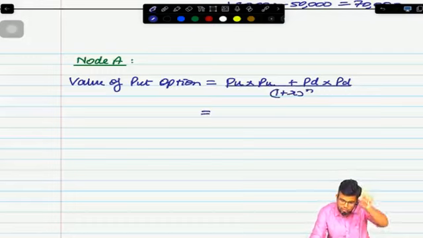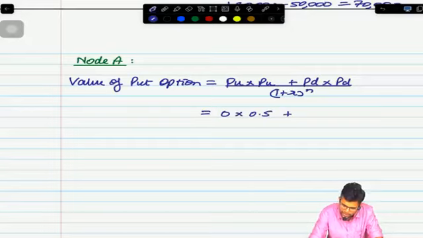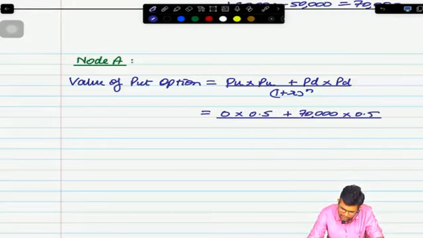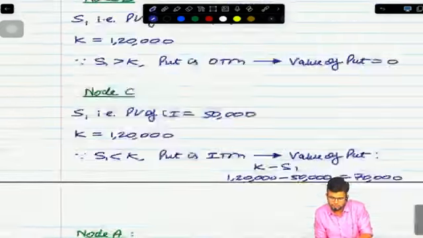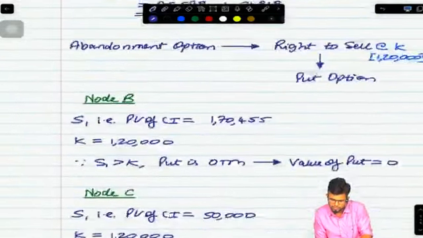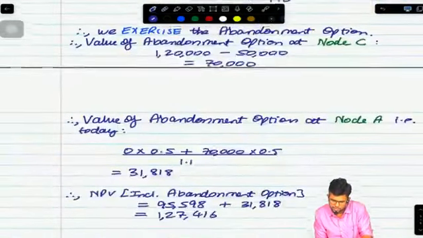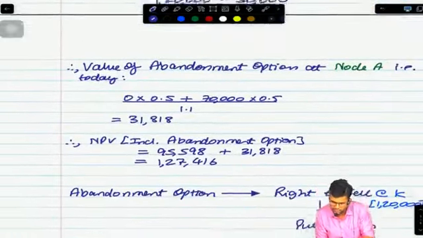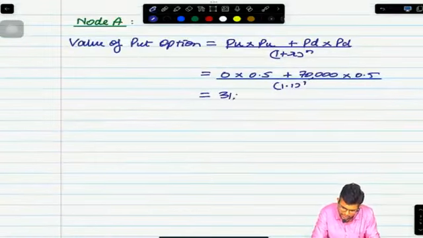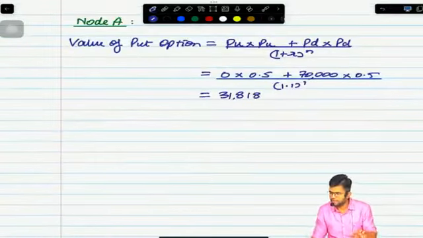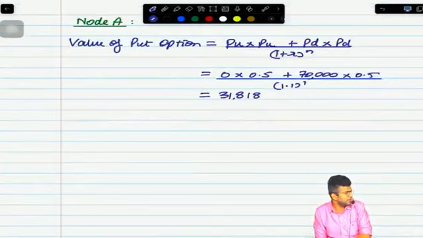Now Pu is 0 and the probability is 0.5. Pd is 70,000, probability 0.5. The whole divided by 1.1 raised to 1. And that comes to, of course, the same answer. How much did you get? 31,818. Everybody clear? All story done.